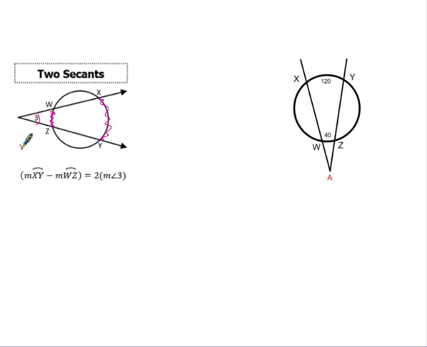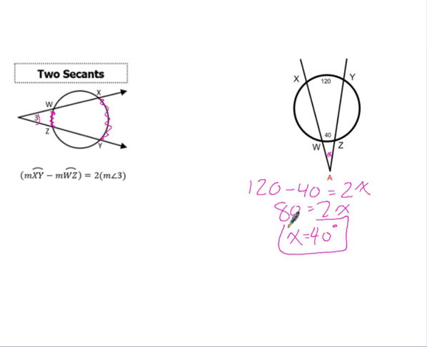Outside we are subtracting. If I was solving for angle A, put a little x there if that helps you out. So we're saying 120 minus 40 equals 2 times the angle. When I subtract that out, I get 80 equals 2x. Divide both sides by 2, and I get that x is equal to 40 degrees.